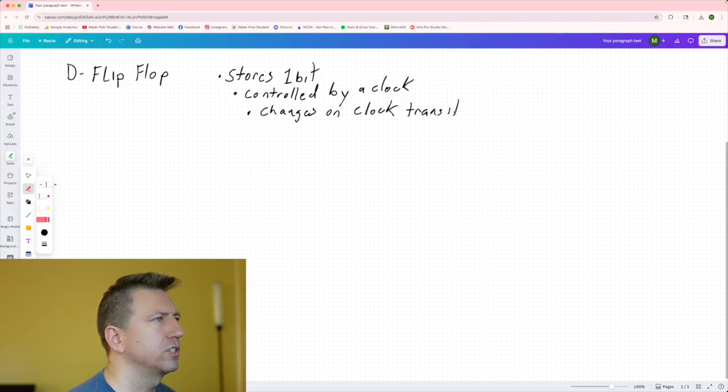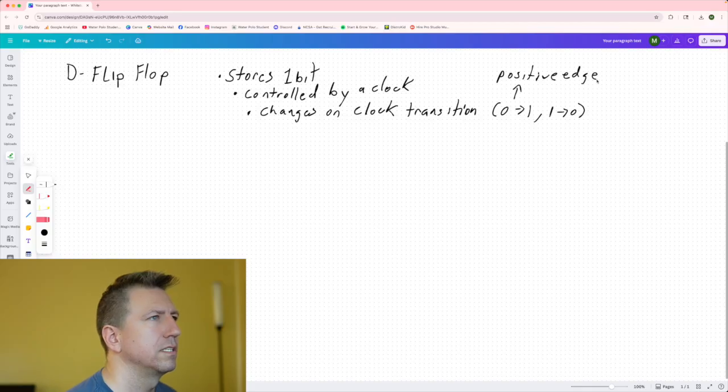A clock transition can be from 0 to 1 logic level, or 1 to 0 logic level. If it goes from 0 to 1, this is called a positive edge. If it goes from 1 to 0, it's called a negative edge.